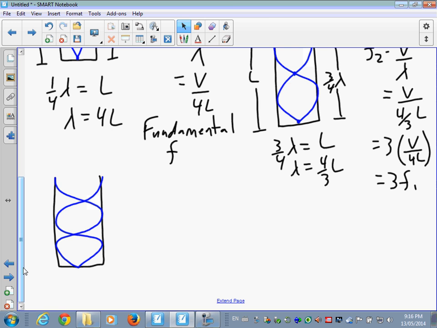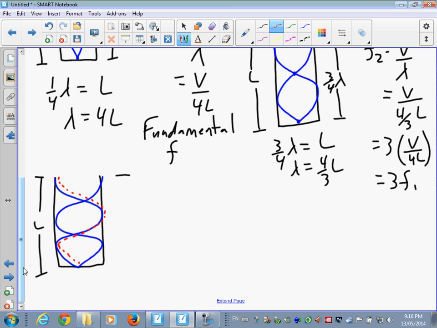The length hasn't changed, and I'm going to try to figure out how many wavelengths this is. Start off over here, go down this half a wavelength, up to a full wavelength, and then I go another quarter. So 1 1/4 wavelengths, or we can call that 5/4 of a wavelength.